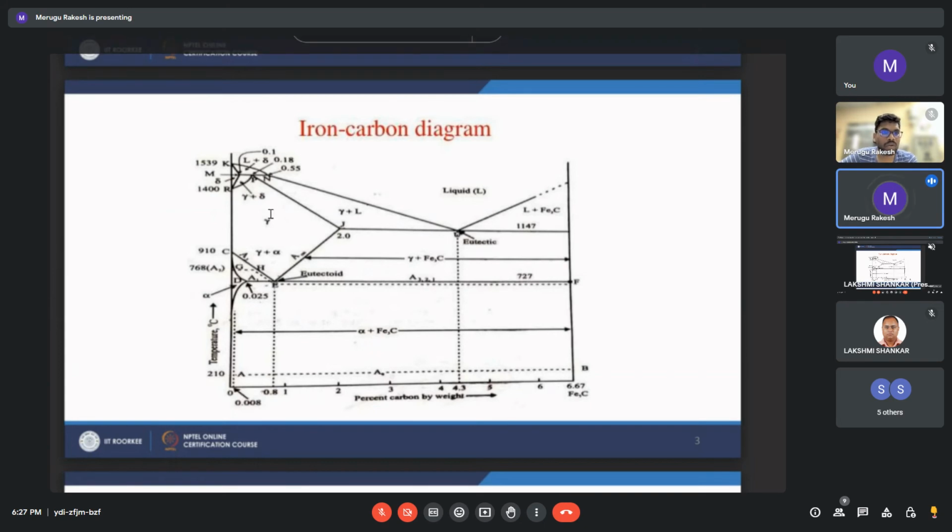If we cool and soak it in such a way, we can get a fine pearlite structure, or a ferrite structure, or a bainitic structure. So it depends on this line, this A1, which surrounds this gamma plus alpha, sorry, this all austenitic phases. This is what we need to concentrate on while doing heat treatment.